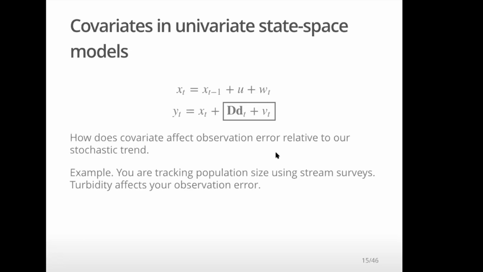So the way to think about how these errors are different is that an error in your observation doesn't change where you're going to start at the next year.